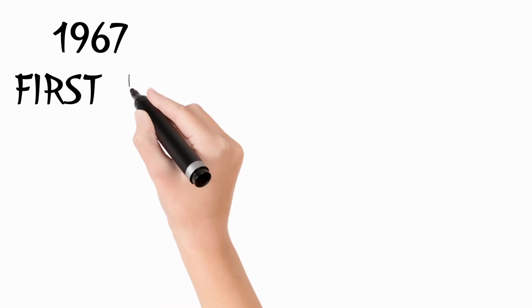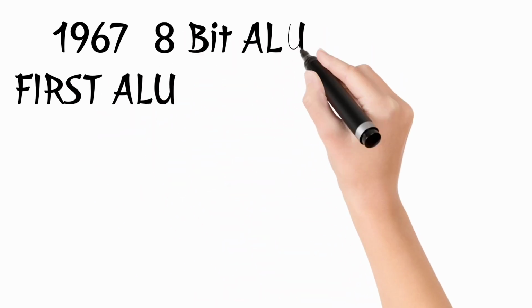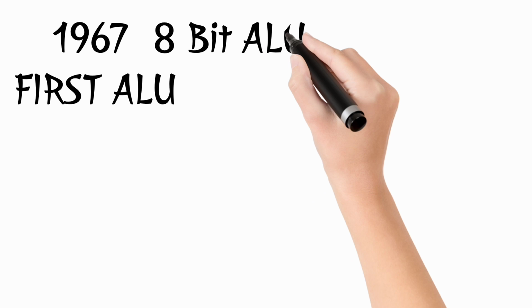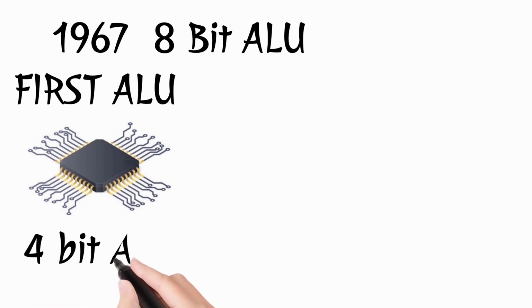In 1967, Fairchild introduced the first ALU implemented as an integrated circuit, the Fairchild 3800, consisting of an 8-bit ALU with accumulator. Other integrated circuit ALUs soon emerged, including 4-bit ALUs such as the AM2901 and 74181.